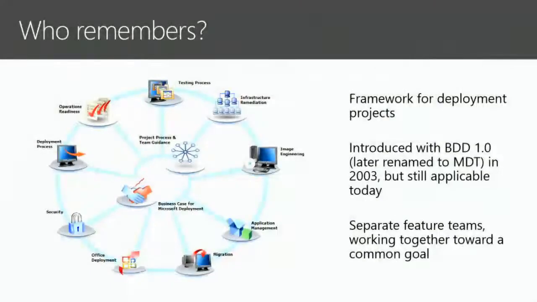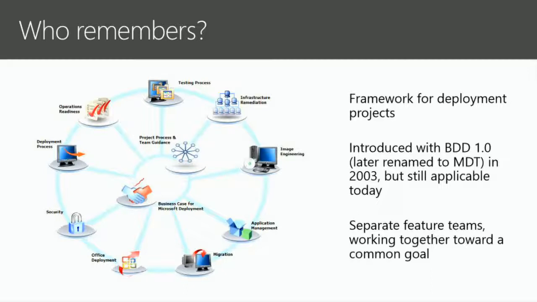What we had put together back in probably 2003 was this idea that we can break this whole thing down into a group of feature teams. Now, if you are smaller than 1,000, 10,000, 100,000 seats, all of these teams are probably one person.